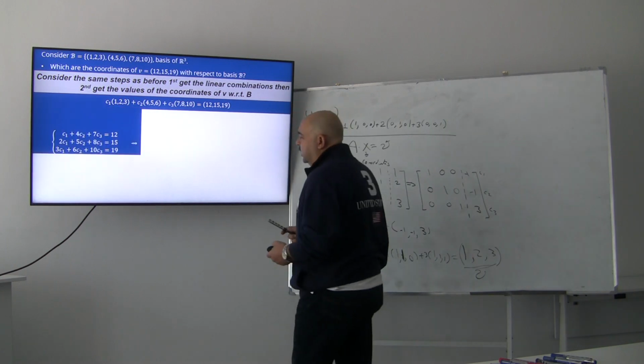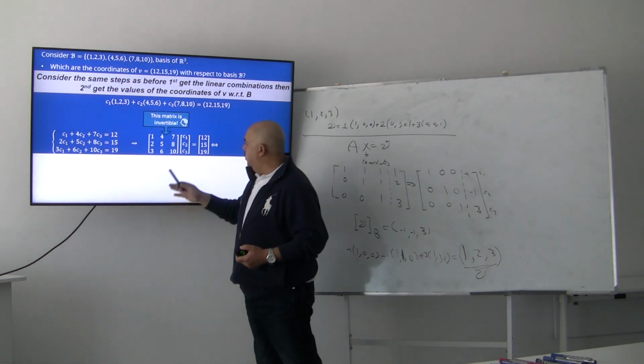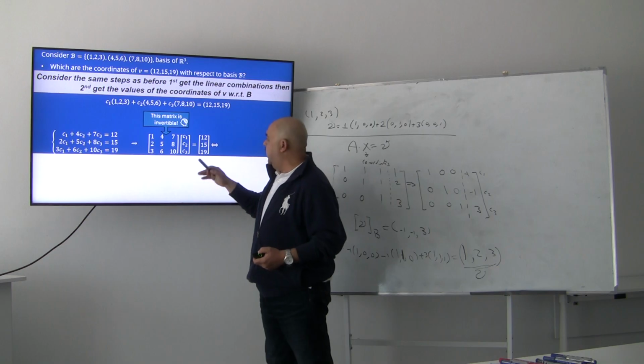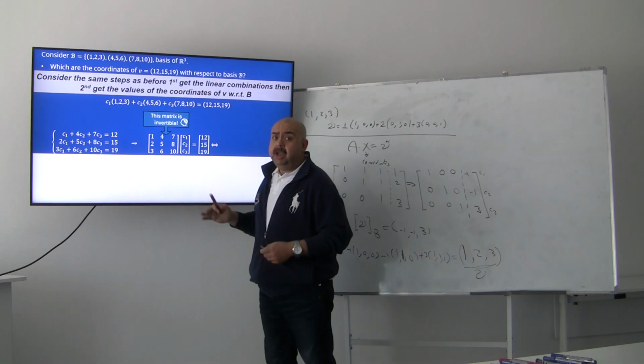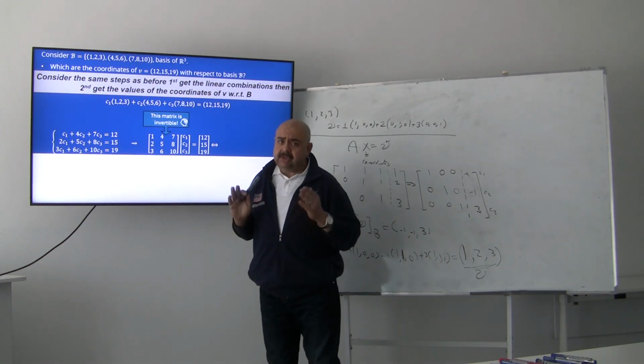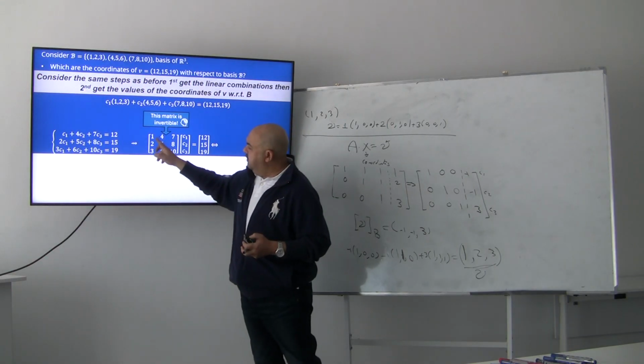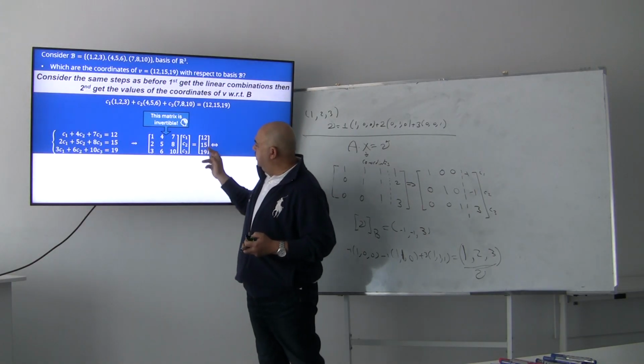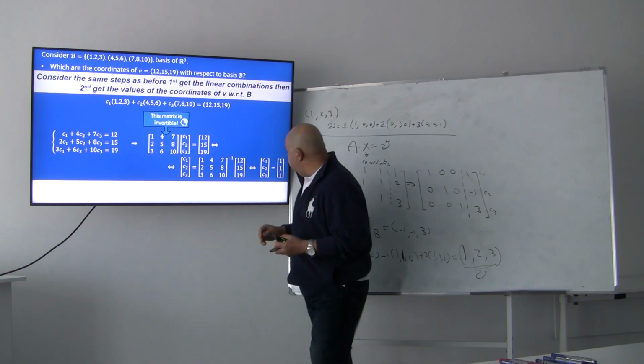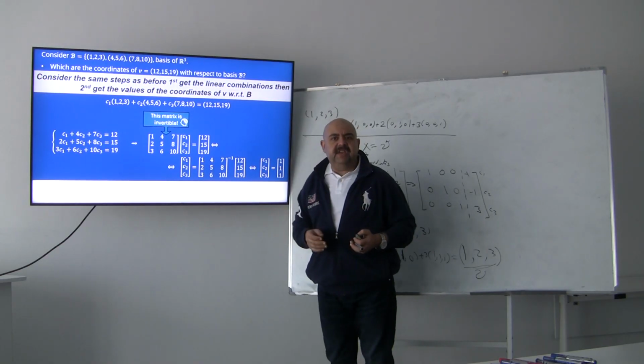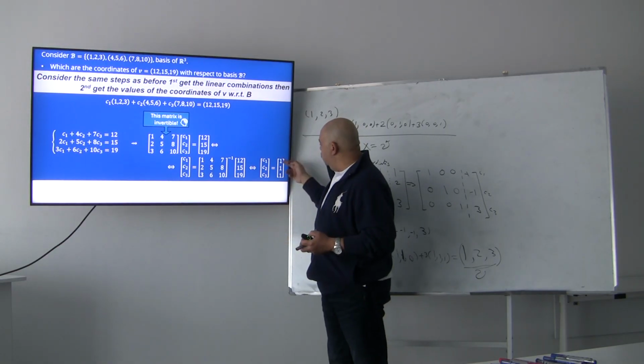This is exactly done. These are the equations. On the augmented form, I can find C1, C2, C3, or as I told you many times previously, can simply get the inverse of this matrix, then multiply it by (12, 15, 19), and voila, we got the coordinates, which is (1, 1, 1).